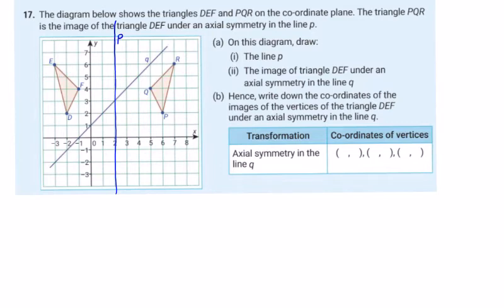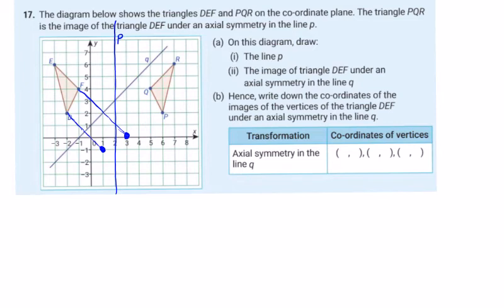Then we're told to find the image of triangle DEF under axial symmetry in the line Q. So we have the line Q given to us on the diagram. Well, we need to drop down perpendiculars from there to there. It's 1.5. It's going to get me to there. F, same again, need to drop down. Looks like it comes down twice. Looks like it gets to here.